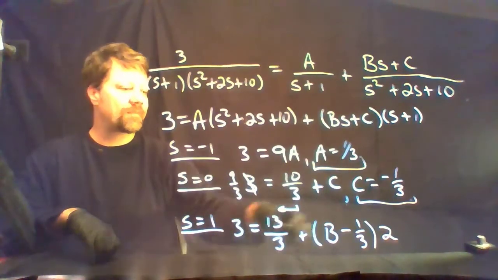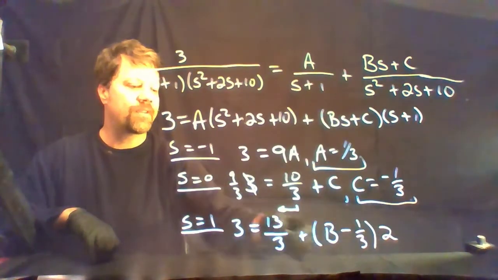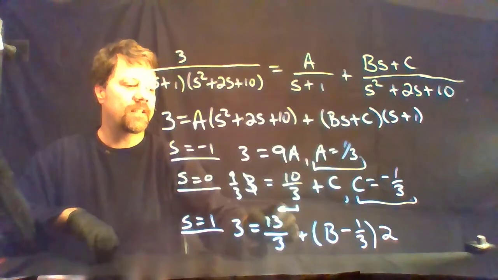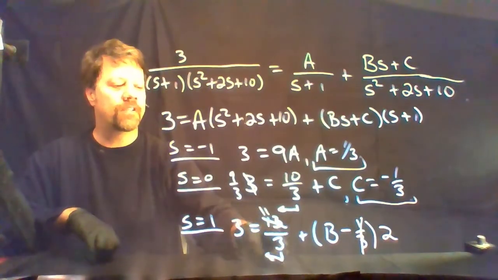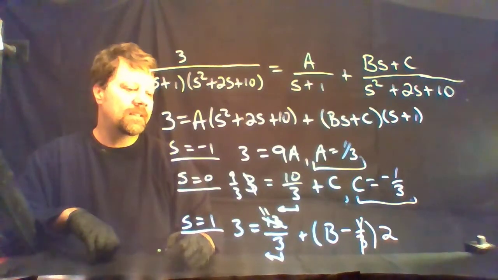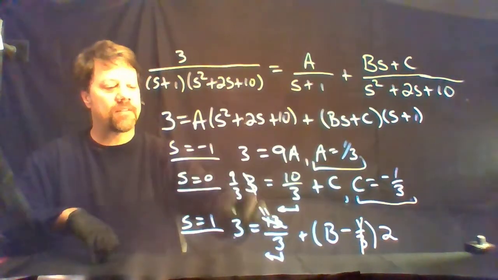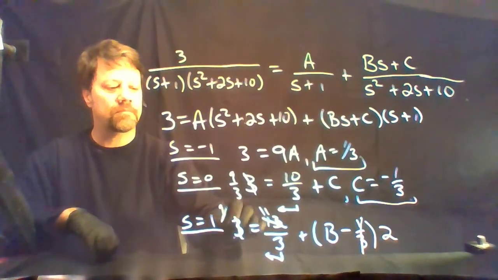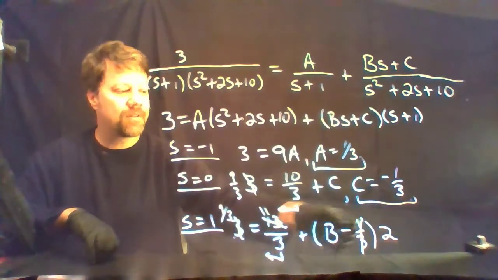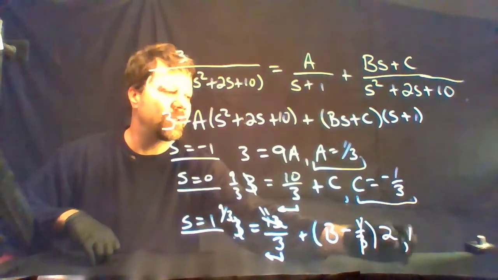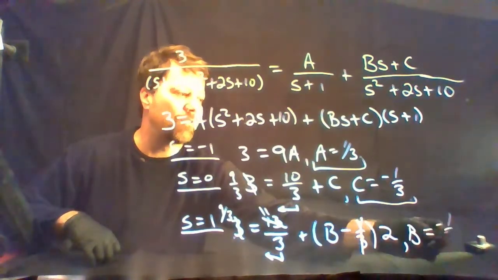In this case, you have a negative 2/3 and 13/3 gives you 11/3, which you move over and combine with the 9/3 on this side. 9/3 minus 11/3 is negative 2/3 divided by 2. You get B is negative 1/3.